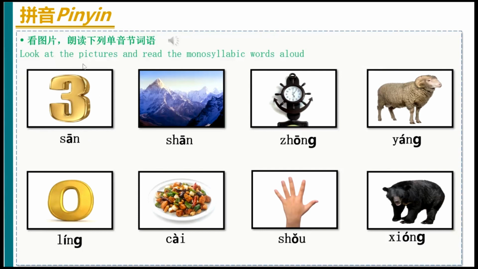San means number 3. Shan means mountain. Zhong means clock. Yang means sheep. Ling means 0, the number 0. Cai means cuisine and also means vegetable. Shou means hand. Xiong means bear.